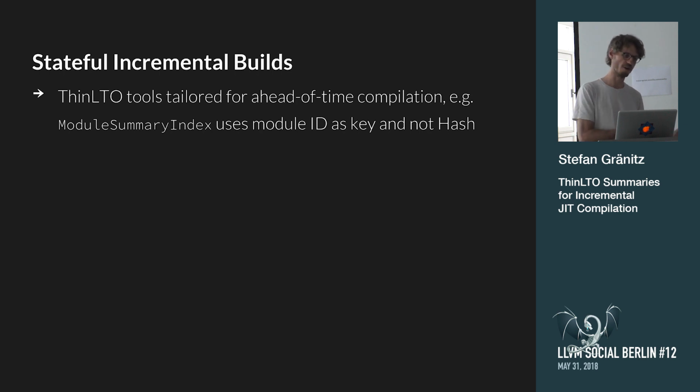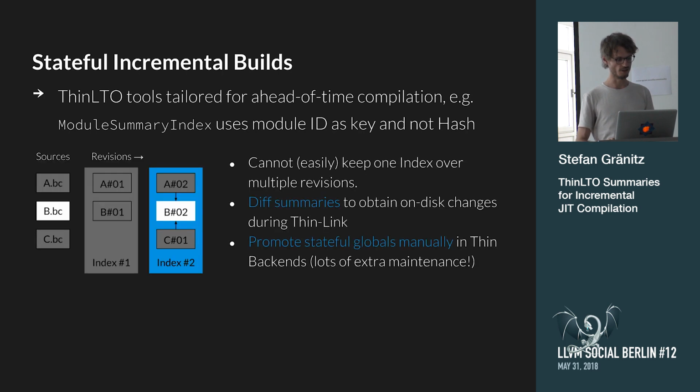In my use case, this would be better if this was the module hash, because then I could associate this much better and have one index for all revisions of my compiled modules. It looks a bit like that. So if you have, again, these ABC sources and we compile the first revision, A1 and B1, we can build an index for that.